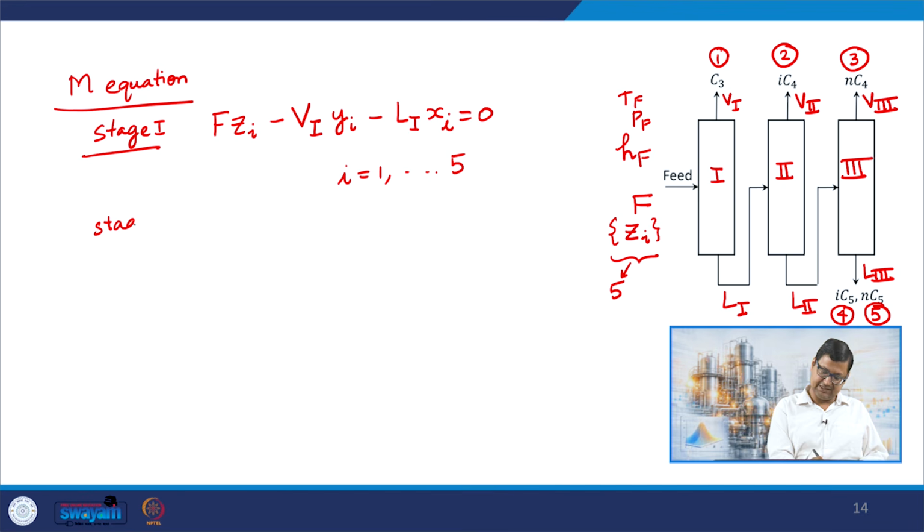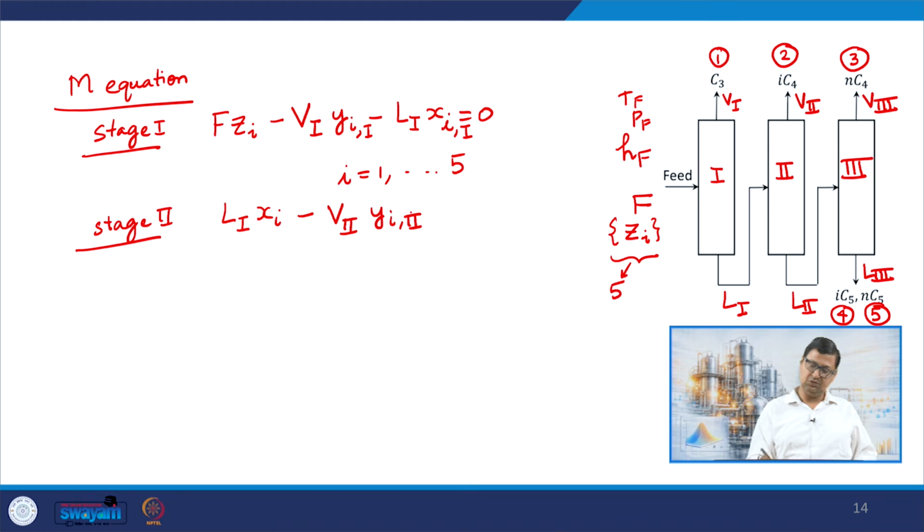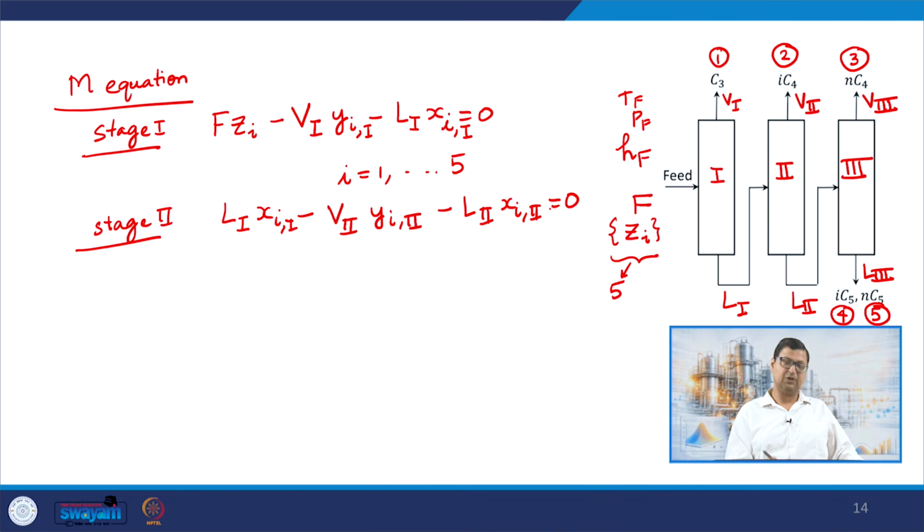Similarly, for second stage, the feed becomes L1. So we have L1 Xi1, that is my feed, that is equal to V2. This is Yi1, by the way. This is the Xi1. So minus V2 Yi2, and this is also 2, minus L2 Xi2 is equal to 0.